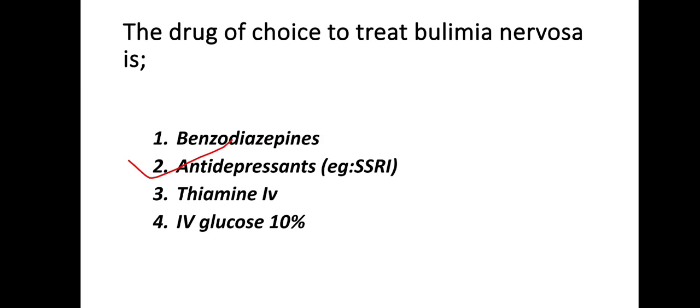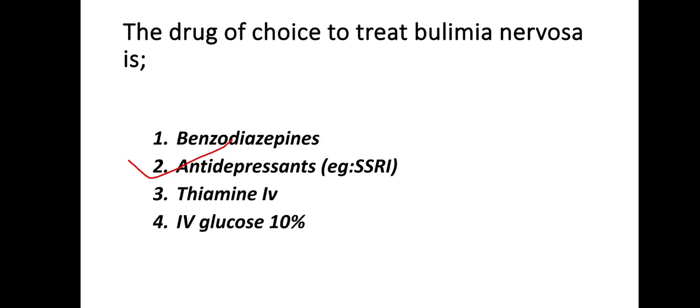Selective serotonin reuptake inhibitors are a type of antidepressant. They inhibit only the reuptake of serotonin, and this causes increased serotonin in the synapse, and it will stabilize our mood.